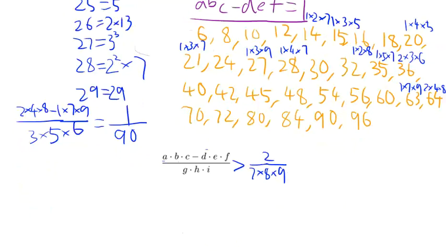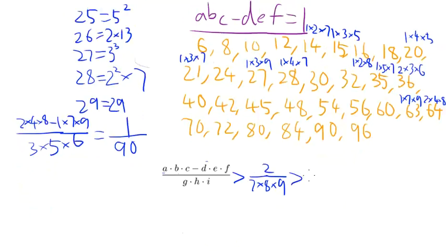Actually, look, divide these two by 2, we get 1 over 4 times 7 times 9.